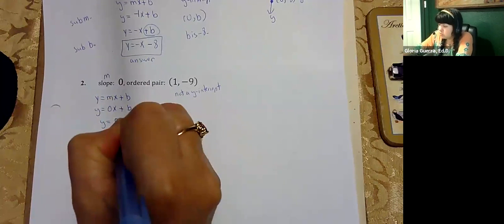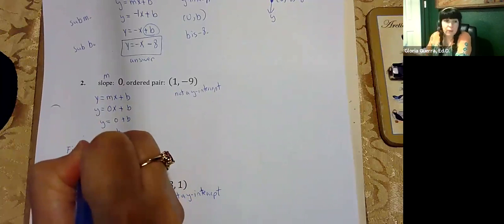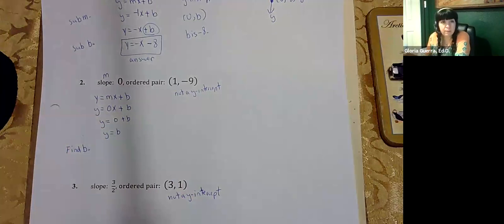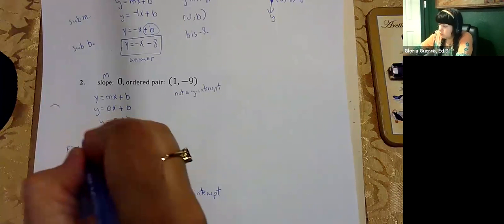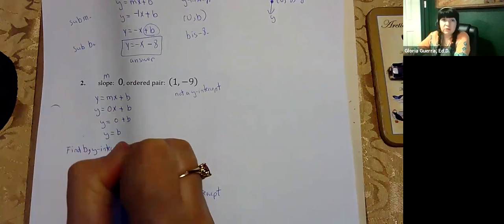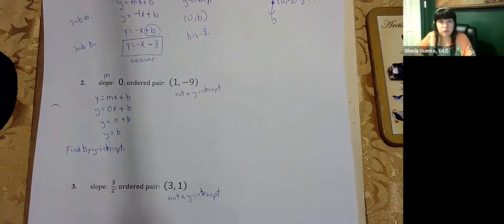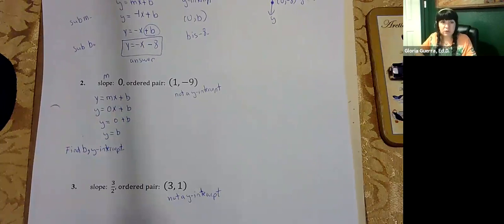So you still need to find b, which is the y-intercept. And it wasn't given. See, that's not the y-intercept, that's just a point, 1, -9. So remember, I gave you two methods.